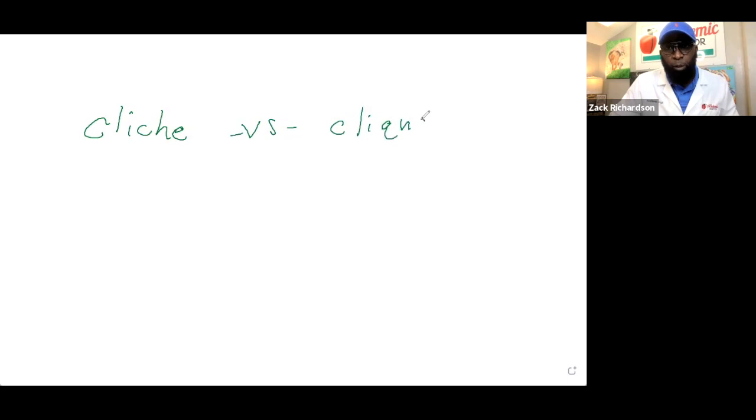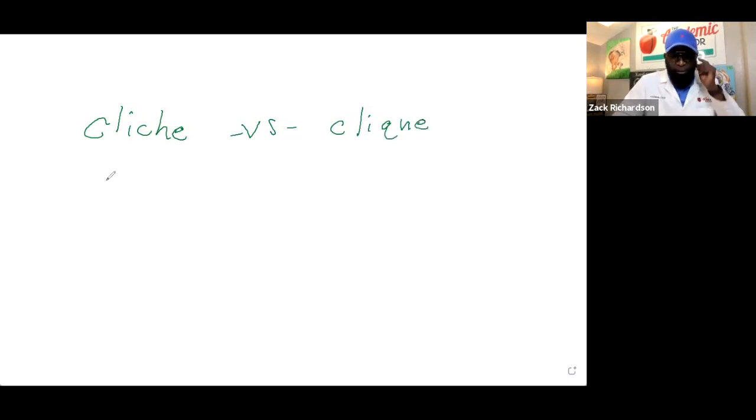The first word that is constantly confused on standardized tests is the word cliche. Most students will confuse cliche, and I hope you're taking notes, with the word click. For whatever reason, it happens a lot.